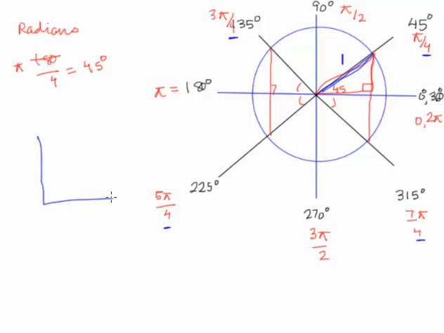Because if we think to what the 45, 45, 90 triangle looks like, whatever the two legs are, we take that measurement and multiply by the square root of 2. So if we already know that this measurement is 1, then we would need to divide by the square root of 2. So here, my side is square root of 2 over 2 and square root of 2 over 2.